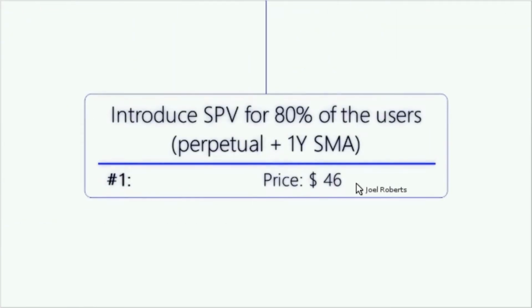So what we suggest as a solution is to introduce Seavus Project Viewer to those 80% of users that actually need read-only access, so to cover all of those people that are not involved in creating or editing the Microsoft Project plan.